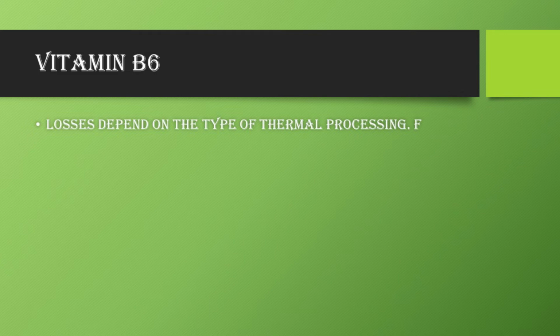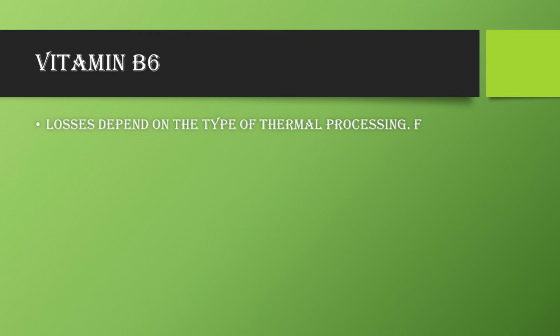Pyridoxine losses depend on the type of thermal processing. For example, high losses of B6 occur during sterilization of liquid infant formula. B6 in enriched flour and corn meal is resistant to baking temperatures.